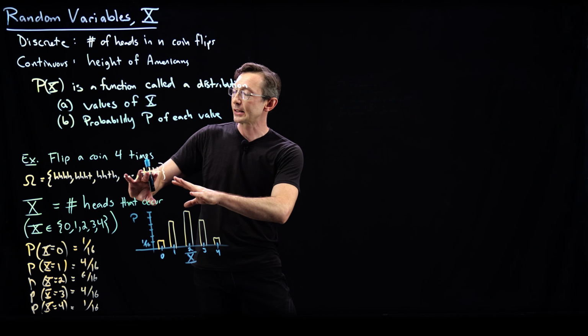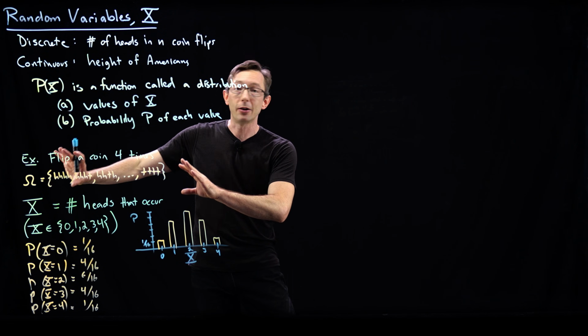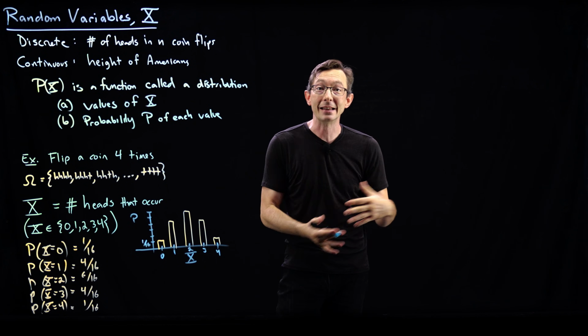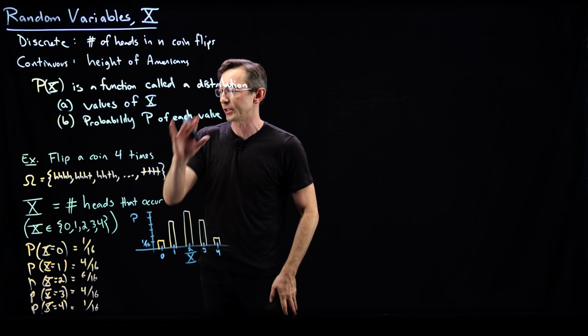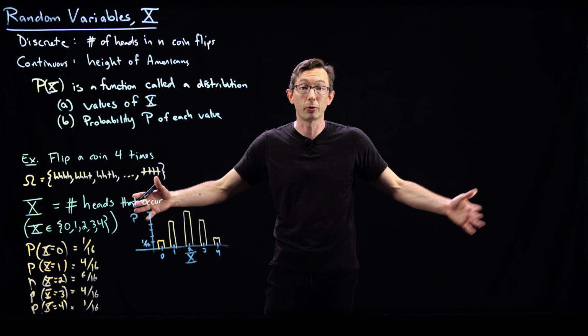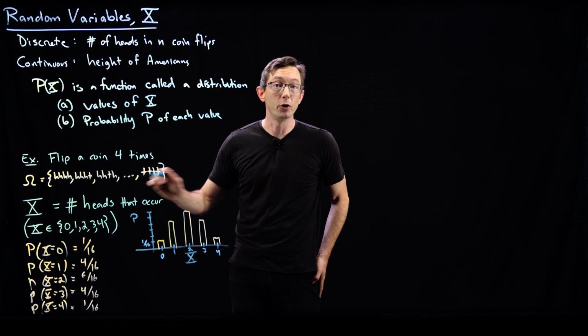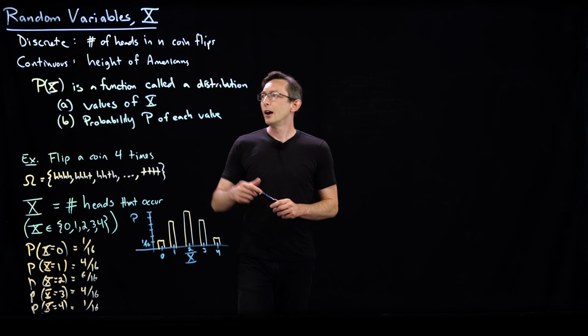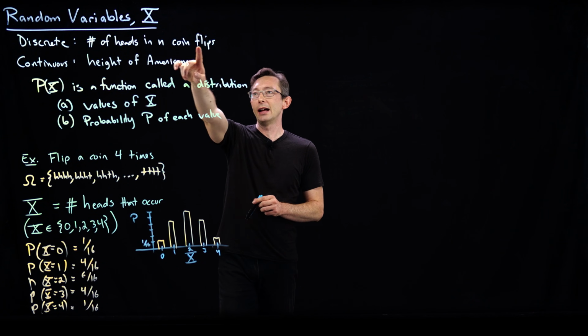And so to some extent, you can write down the probability distribution. Sometimes we call it a probability density function. You can write down that probability distribution for much more complicated random variables, for much more complicated processes where you could never enumerate all of the possibilities. So this becomes really useful. And we have this number of heads in n coin flips.